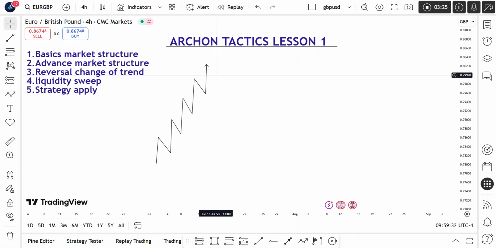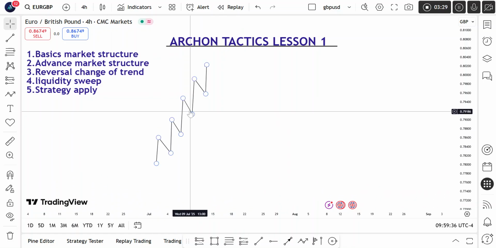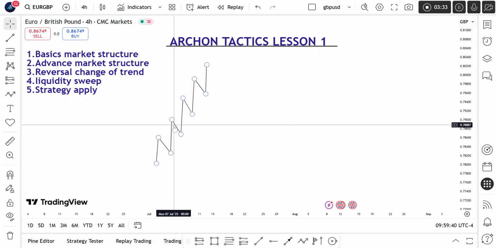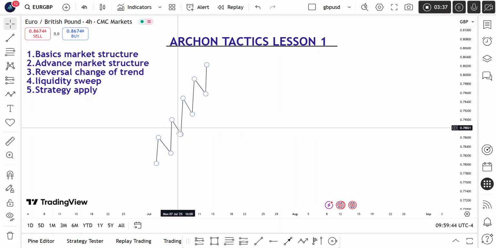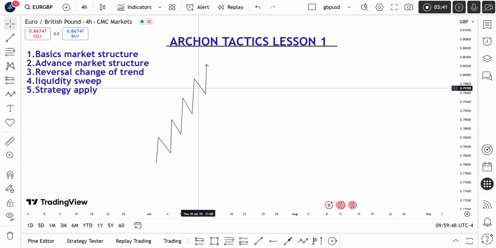We have an uptrend here. Why do we say this is an uptrend? Because the market is breaking the recent high, going up, and continuing to break different highs and go up.